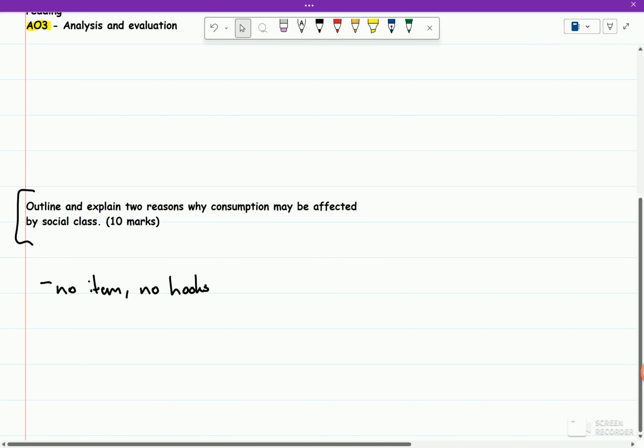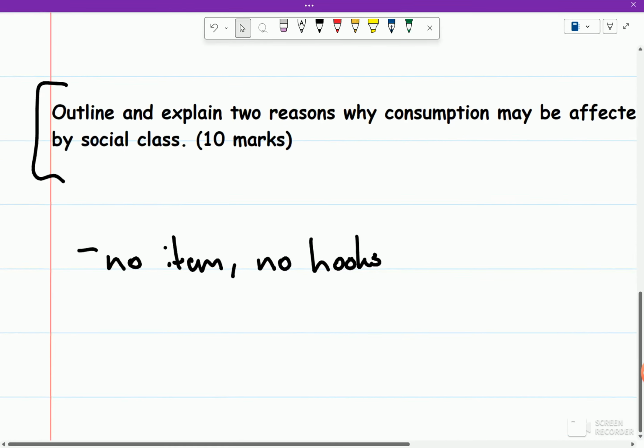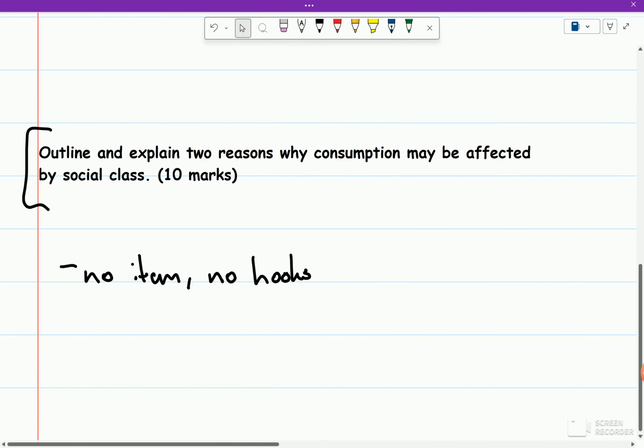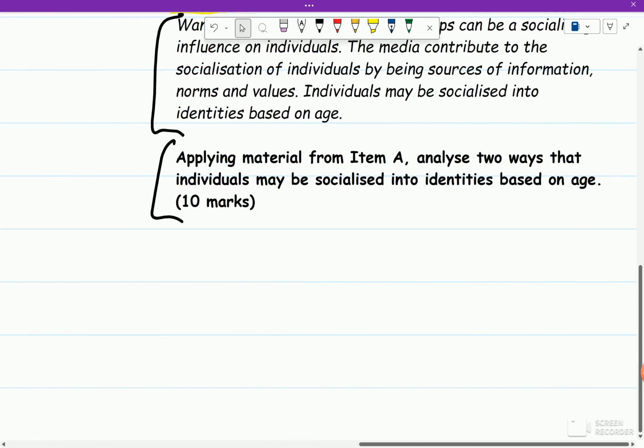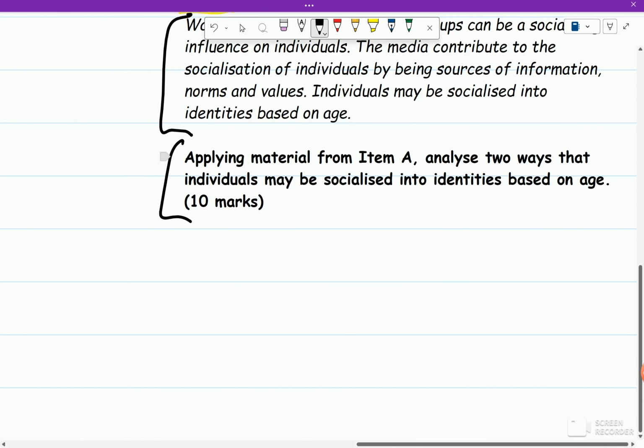Okay. The second part to this question: if you had both questions in front of you, you would be able to see the difference. This question is asking you to outline and explain two reasons why. And this question is asking you to apply material from item A and analyze two ways that. So, different wording.